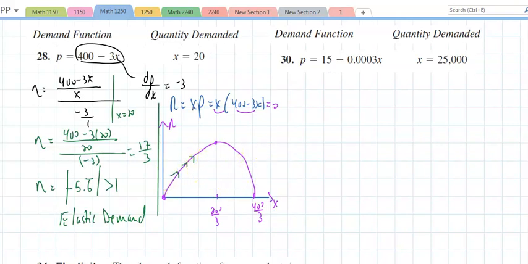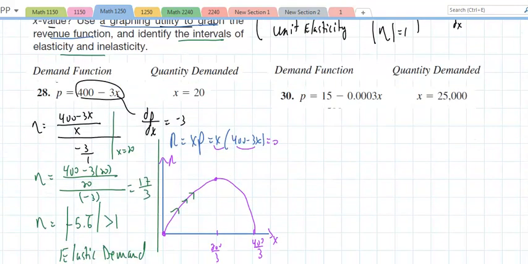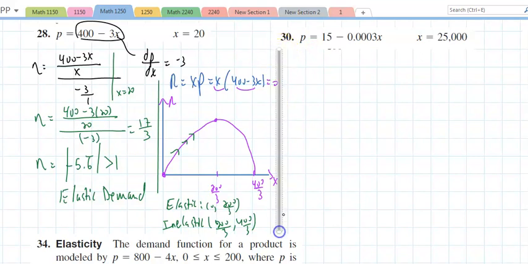So when they say identify the intervals of elasticity and inelasticity, we say elastic from 0 to 200 over 3 and inelastic from 200 over 3 to 400 over 3. Does that always work? Yes, that always works.